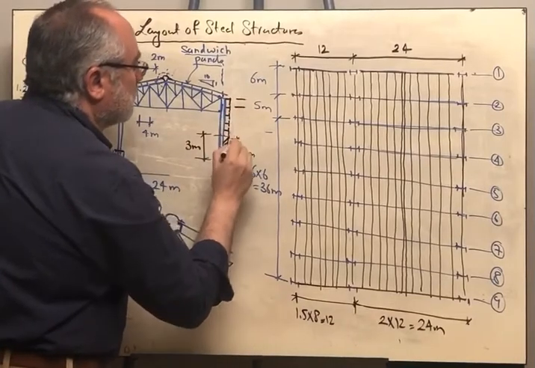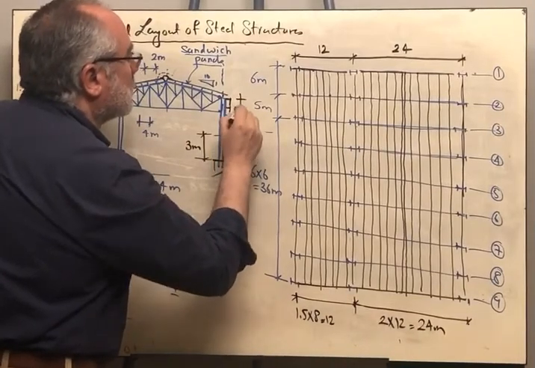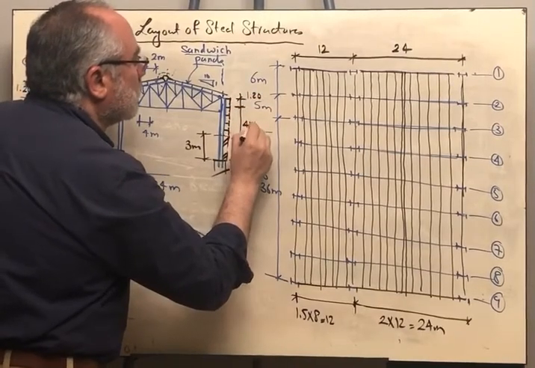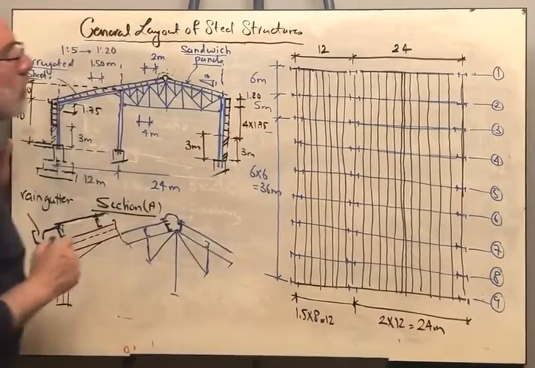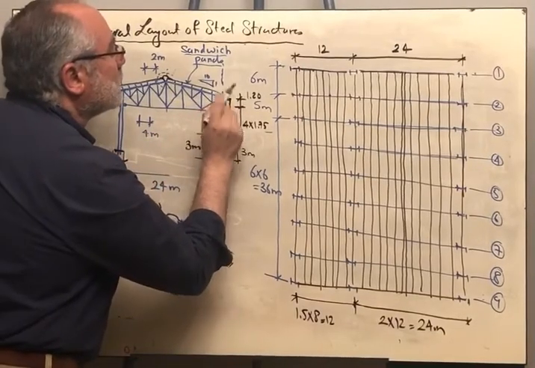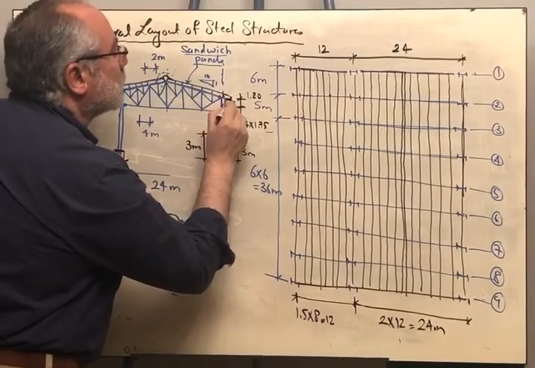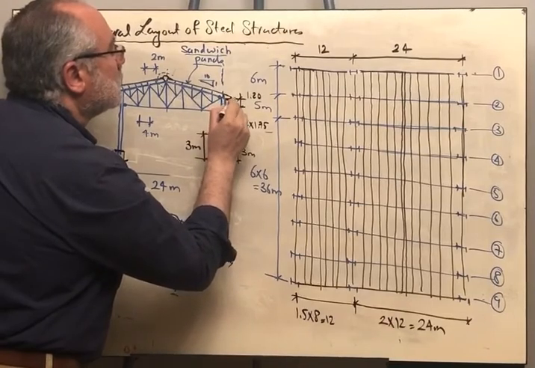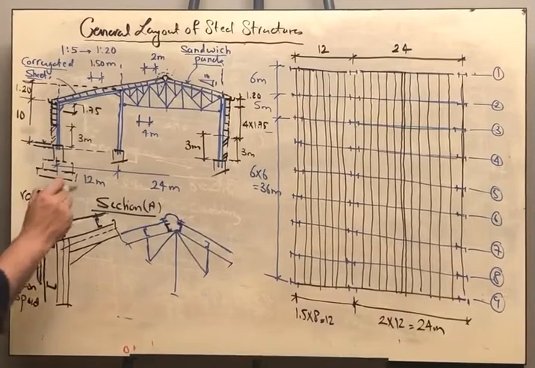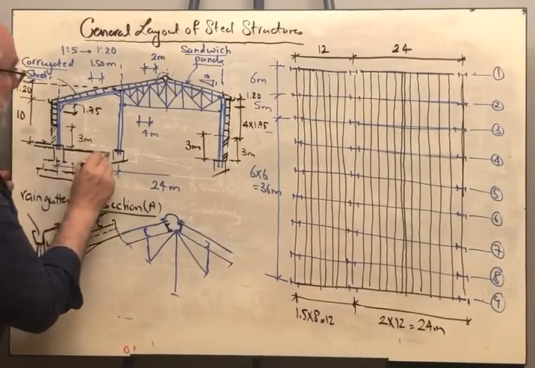Here I will have, this distance is 1.2 and this is 4 multiplied by 1.75. Of course we are having a purlin here and another purlin there, and we should have the rain gutter provided here like this. So this for us is a complete elevation.